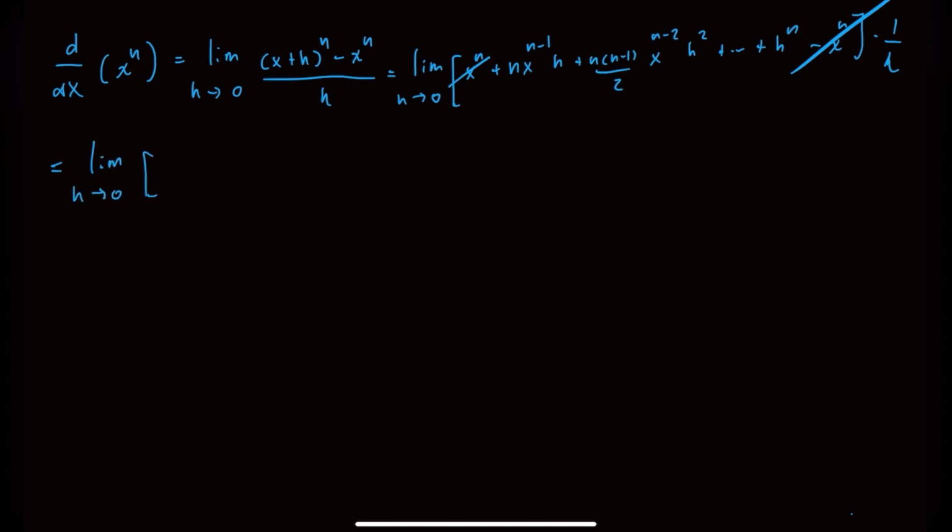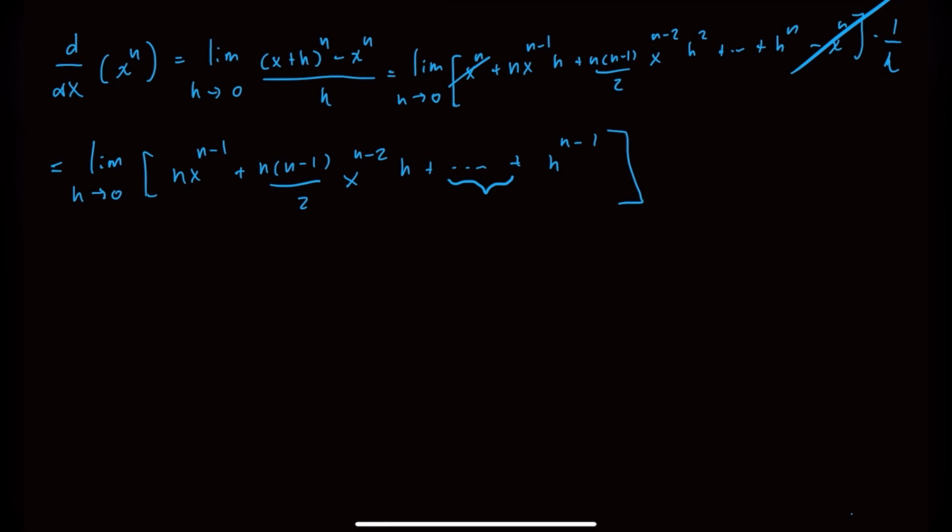So we should have n x^(n minus 1), and we have plus n times (n minus 1) over 2, x^(n minus 2) h, plus all the way up to h^(n minus 1). And like I said previously, all of these are just higher order powers of h.